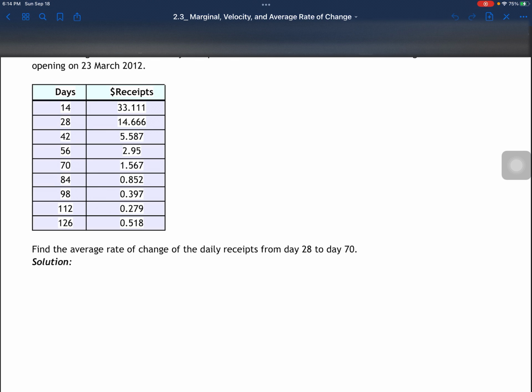What I would suggest here is to always write down the formula. So the average rate of change formula is f of b minus f of a, all over b minus a. So what is b and what is a in this example?